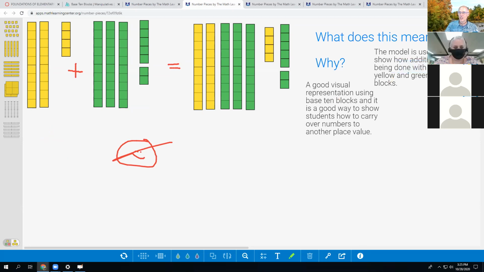Green, no, blue. So this right here is 24. Come on, Gary, get it together. Okay, there we go. This right here, what, 10, 20, 30, 5, 6, 7. So that one is 37. So it looks like I'm trying to show 24 plus 37.